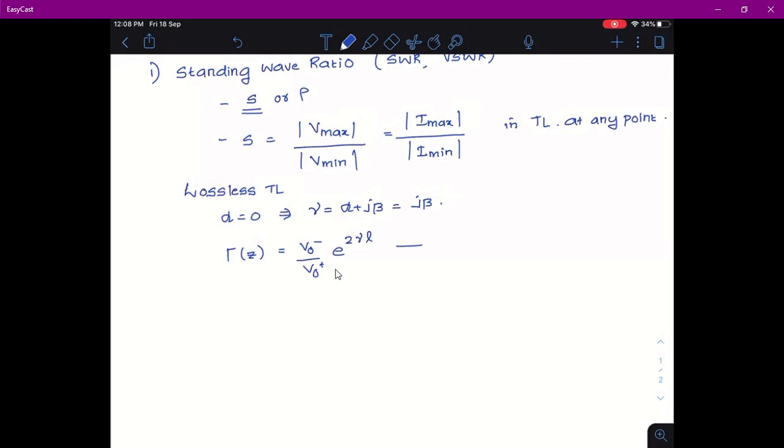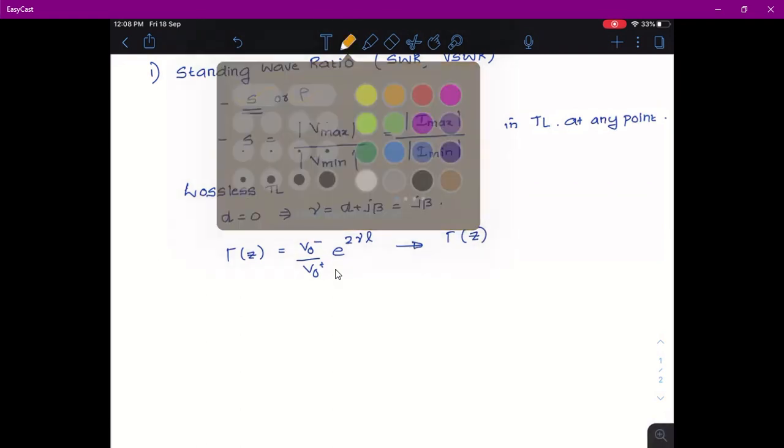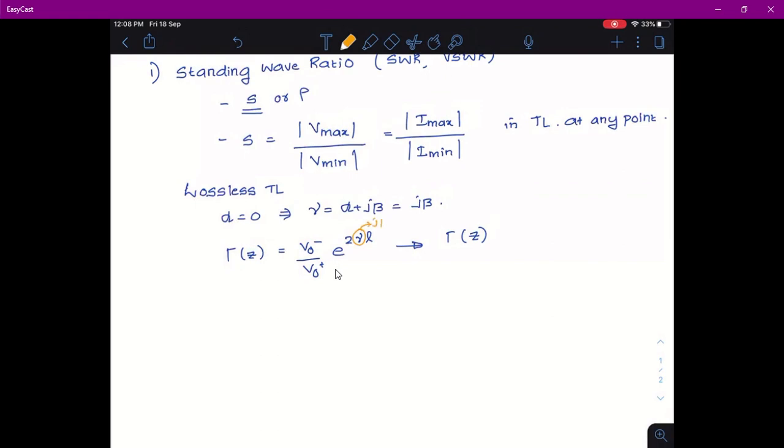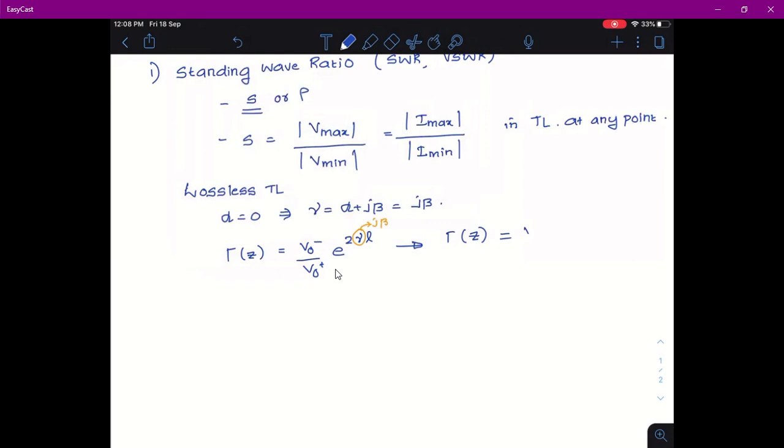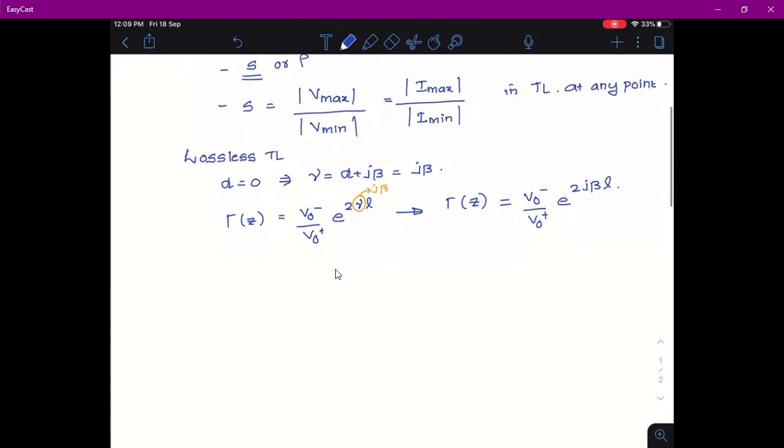So for lossless transmission line, you substitute gamma with j beta. So the value of gamma will become j beta. So tau of Z is equal to V0 minus by V0 plus e raised to 2 j beta L. Similarly, we have also derived the expression for reflection coefficient tau of Z at Z equal to L minus L dash, or at a distance L dash from the load.